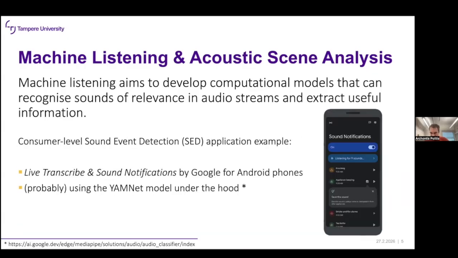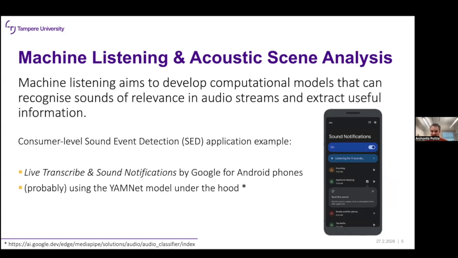These applications are becoming more and more ubiquitous, even at the consumer level. Just to bring an example, everybody that has an Android device can download the Live Transcribe and Sound Notifications app by Google, in which you can select what kind of sounds you want your device to be listening for.